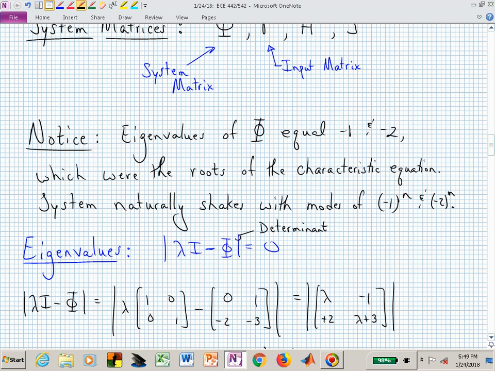And if we do this matrix algebra for the 4 different elements, we should end up with a matrix, top row equaling lambda minus 1, the second row being 2, lambda plus 3. And we want to now find the determinant of that matrix, which is now a function of lambda. Lambda is a variable. And the lambdas that will satisfy lambda I minus phi equal to 0 are the eigenvalues of that phi matrix, but they're also the natural modes of this system's dynamics.